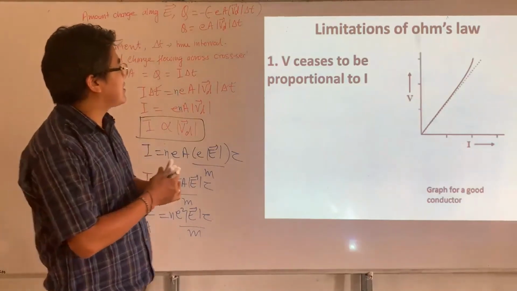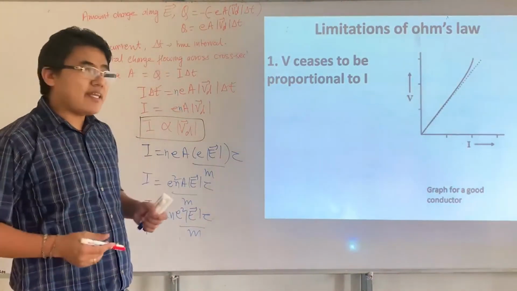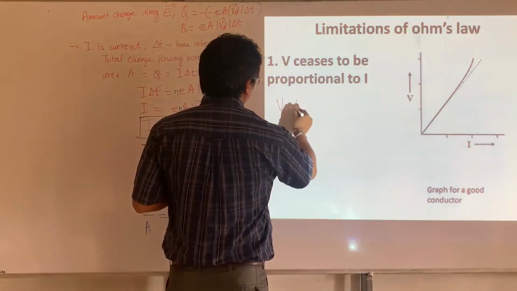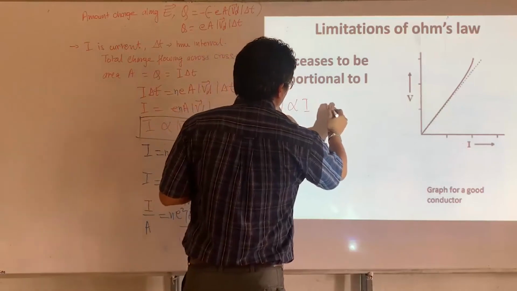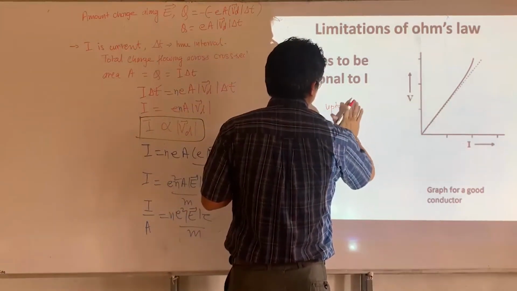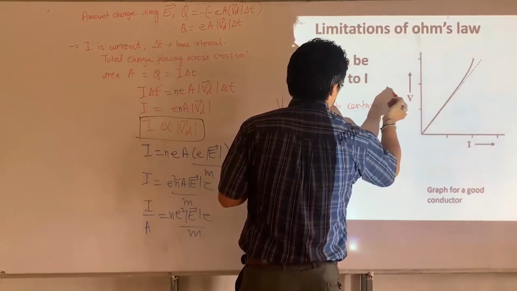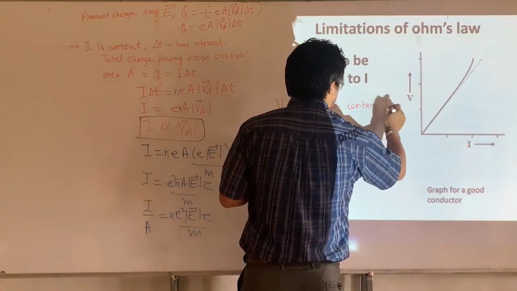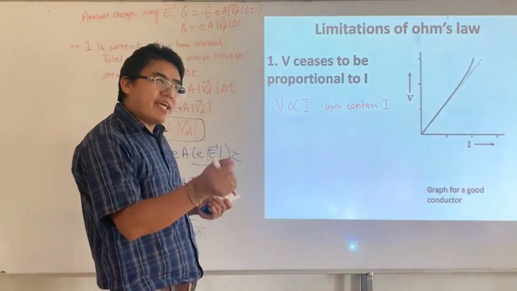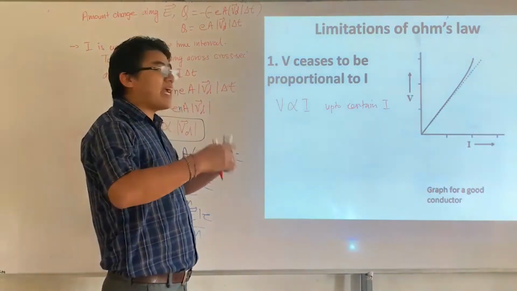First limitation: for conductors, V is proportional to I only up to certain currents. If you go on increasing voltage and the current goes on increasing, after some time the wire heats up.